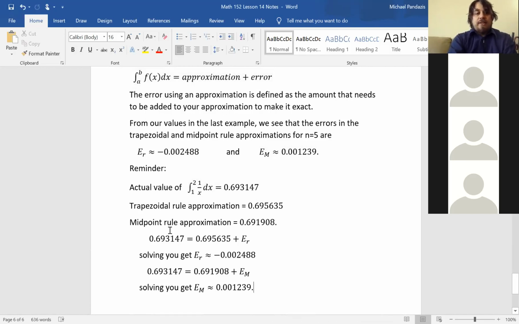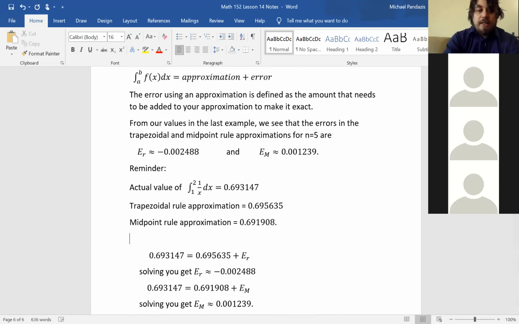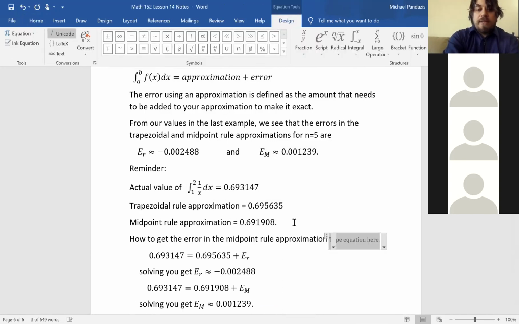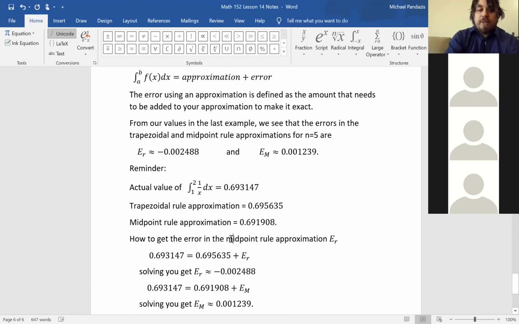So we had the actual value, which is this guy, equal to, by this formula, by this definition, the approximation using the midpoint rule plus the error using the midpoint rule. And so how to get the error in the midpoint rule approximation, well, this is the trapezoidal rule approximation.